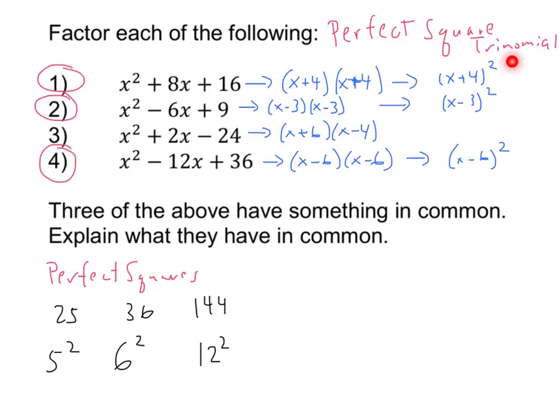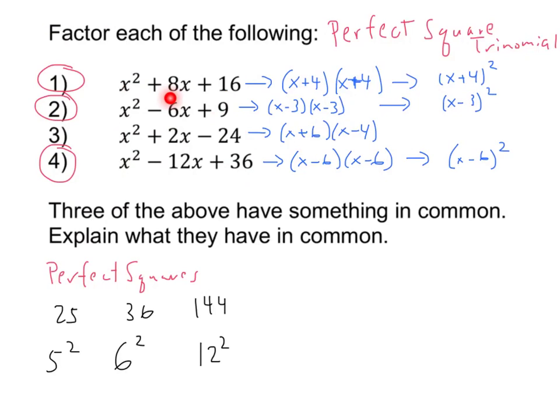So I want you to take one more look at these three. Hopefully you notice something special here related to the 8 and the 16, negative 6 and 9, and negative 12 and 36. Here's the pattern. Think about 8.